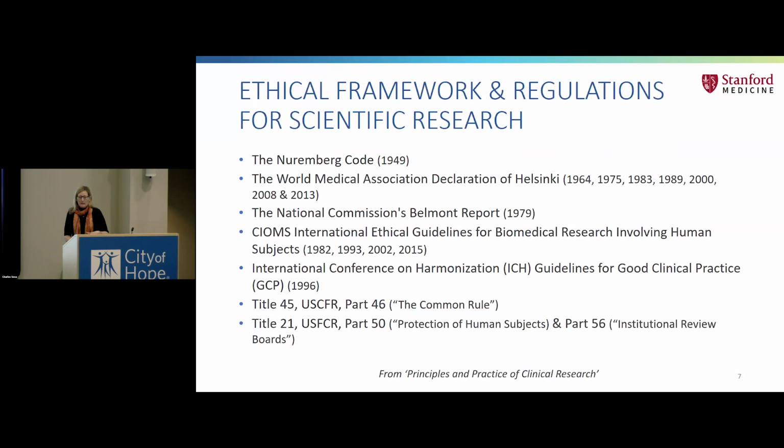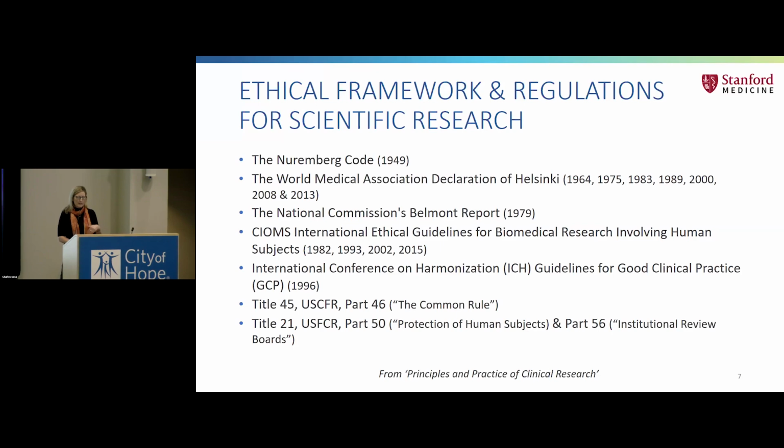So listed here, not a comprehensive list, are some of the different ethical frameworks and regulations that have been developed over the years. And I think many of you have seen some of these in your previous studies. These evolved because of a number of abuses that have occurred over many years and decades within scientific research involving human subjects, both in the United States and around the world.